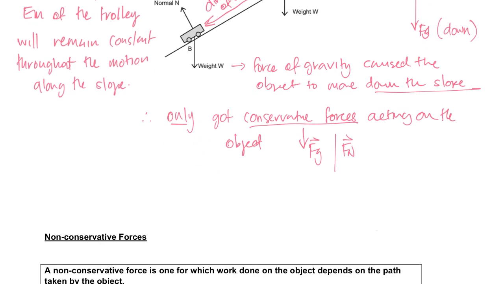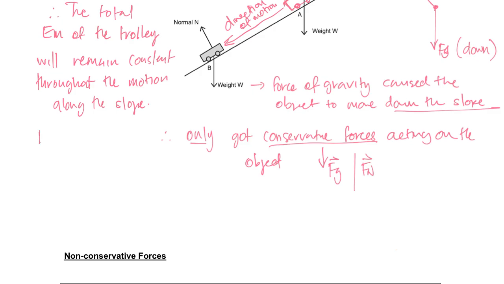So I can say that the mechanical energy at point A is equal to the mechanical energy at point B. That's the equation I could use for a situation where I have only conservative forces.